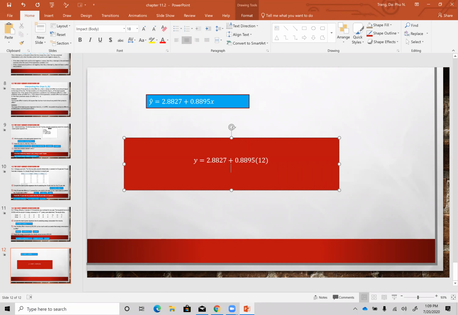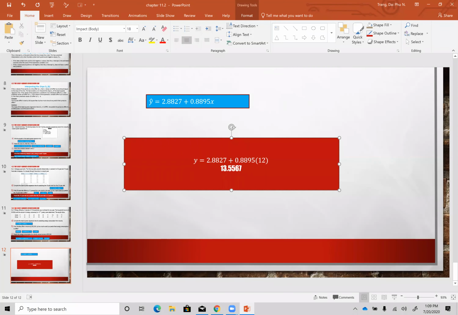If you plug it on your calculator, 0.8895 times 12, do you get 13.5567? If you plug that in your calculator, do you get that number?